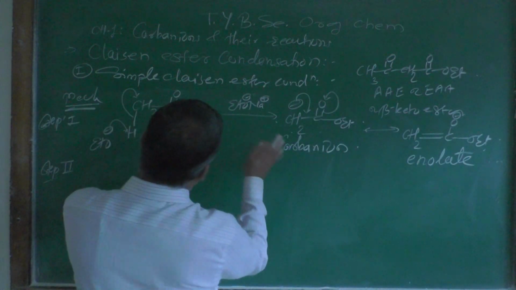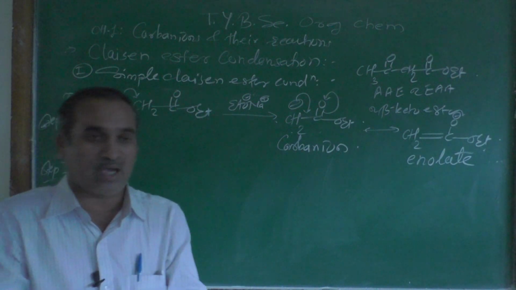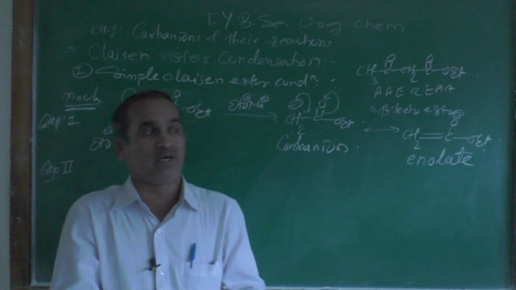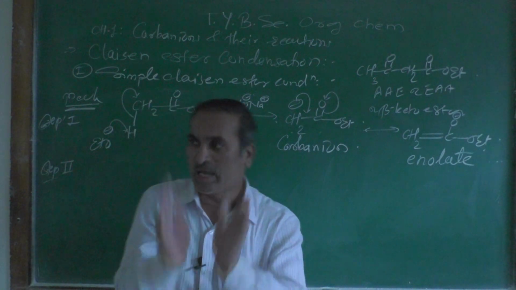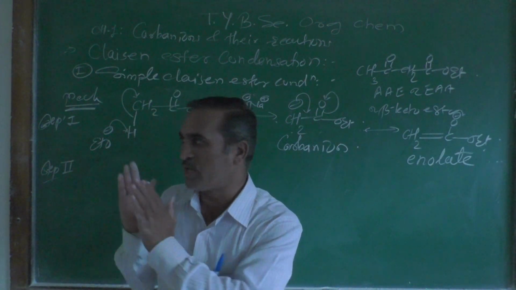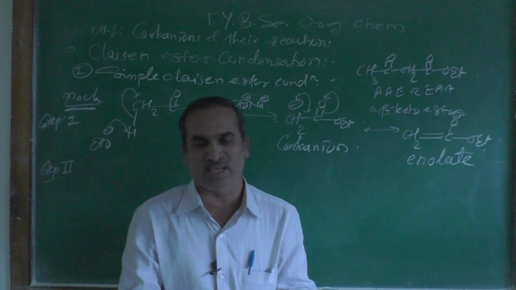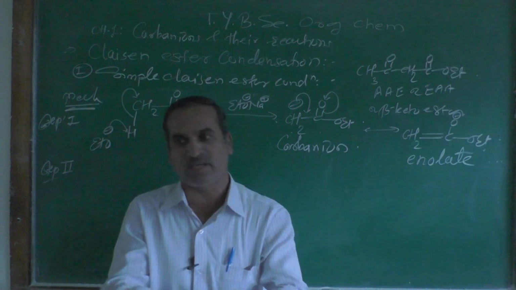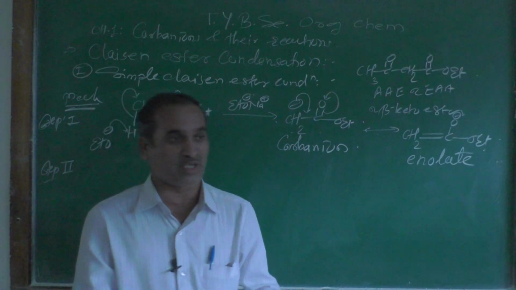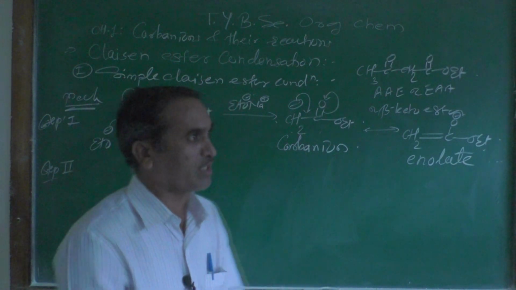Now, what does a simple Claisen ester condensation reaction mean? First, the same molecule we have taken, we have considered here as ethyl acetate, and another one also as ethyl acetate. Same, identical molecule.